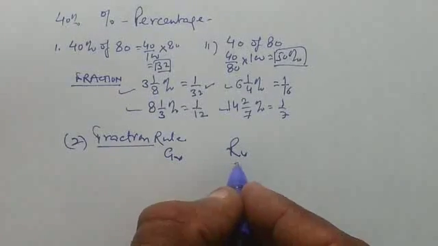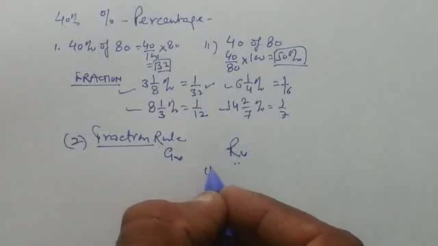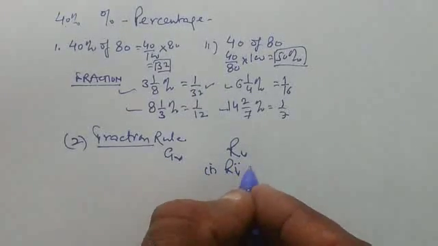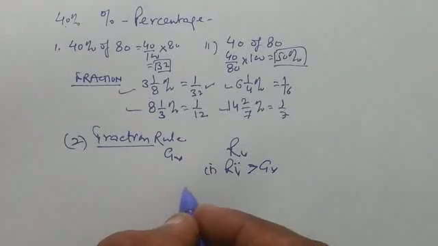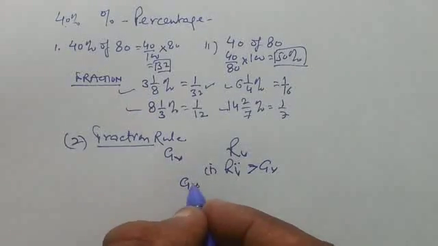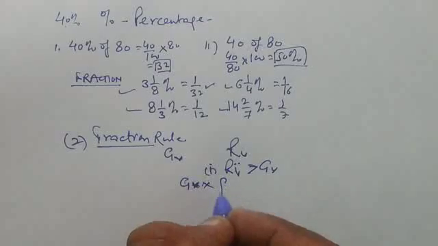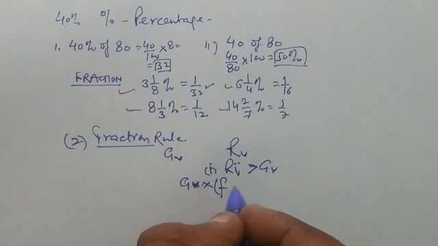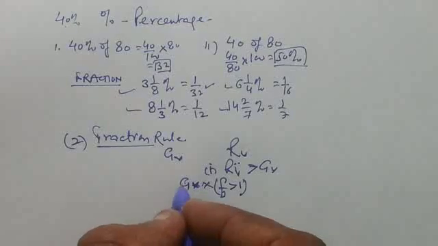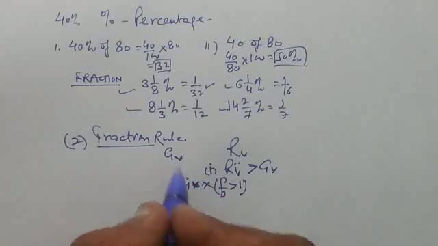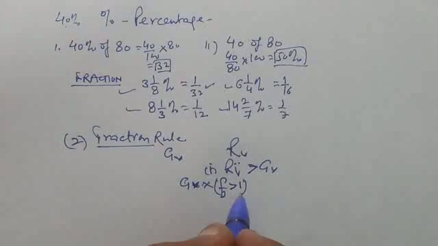If the required value is greater than the given value, I'll multiply the given value by a fraction whose value is greater than 1. If I multiply the given value by a fraction greater than 1, definitely I'll be getting a bigger value, right?